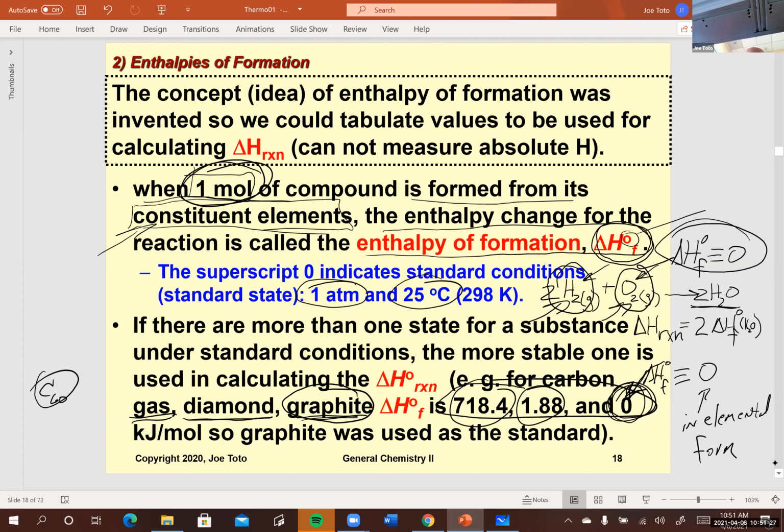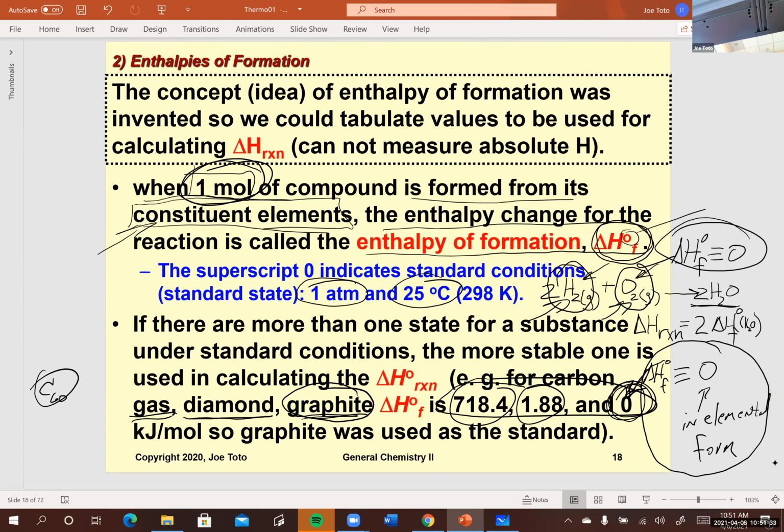Because you don't have to form them, they already exist that way. Okay, so that would be an important concept that I think I should probably write out and not gloss over. We did say it over here for these guys, but I think I should probably say more on that.